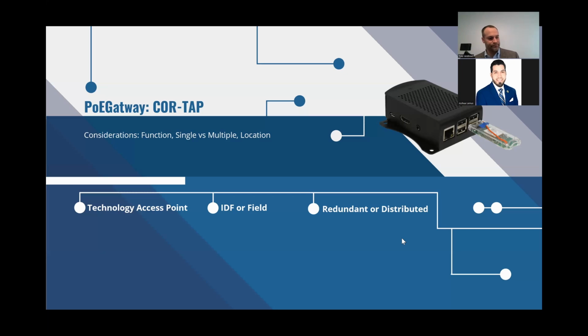Gary's got a question: is there a practical limit to the number of devices in one, so that you would go to the second one? For those of you on Zoom, the question is whether there is a practical limit to the number of devices a gateway can handle. We tell you typically if you're going over about 3,000 devices, you'll probably want to do a distributed network.